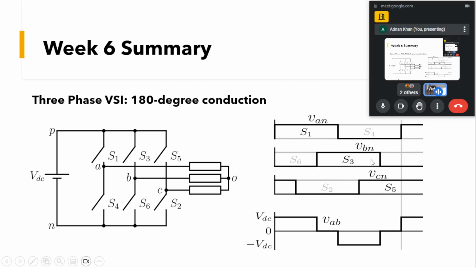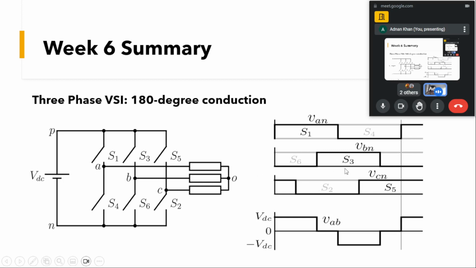You can see this for the C leg. Similar to this, S5 will start conducting at 240 degrees from the initial point.